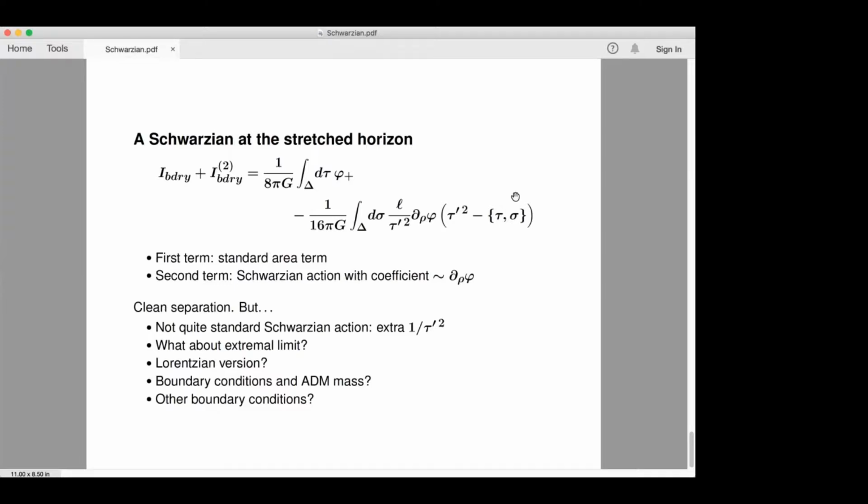In this kind of derivation, can I see the symmetry of this action? How can I see the quotient SL2R? Is it invariant under SL2R for this action, or if I consider the extremal limit, I don't know.